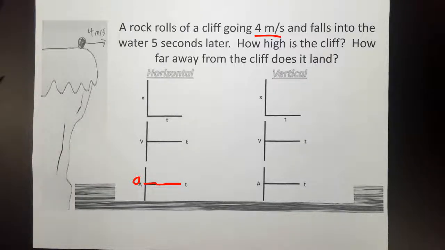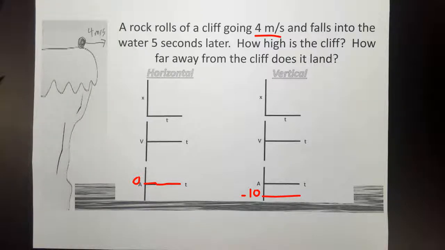However, in the vertical direction, we're going to put an acceleration of -10. As we've talked about before, gravity accelerates things at roughly 9.8 meters per second squared towards the Earth, and that's true anywhere near Earth's surface. In this class, we round it to -10 to make the math easier.